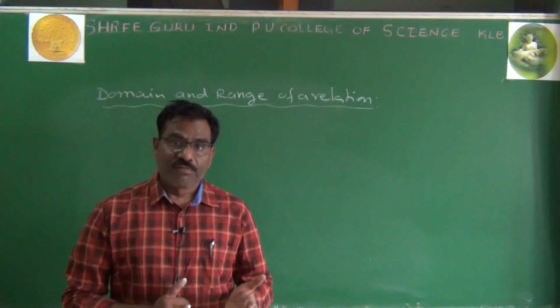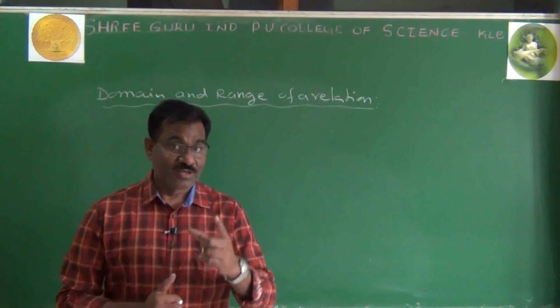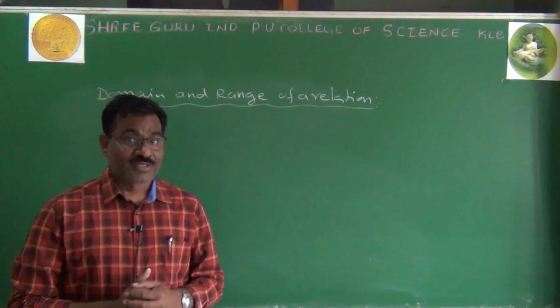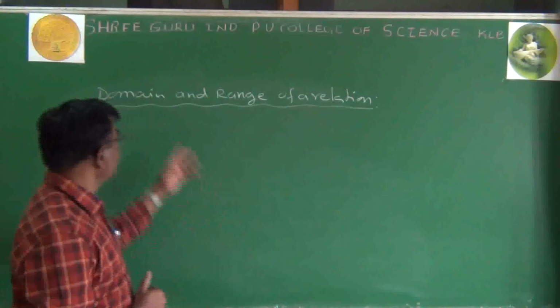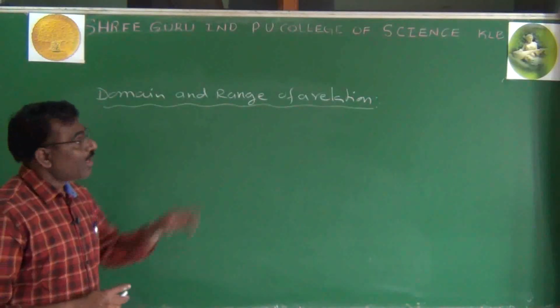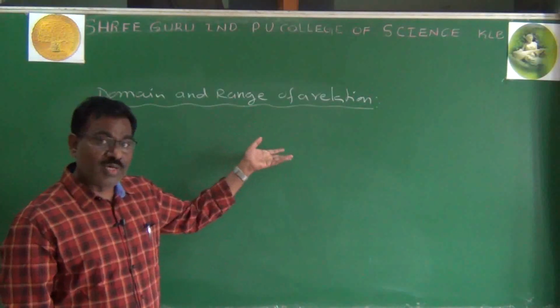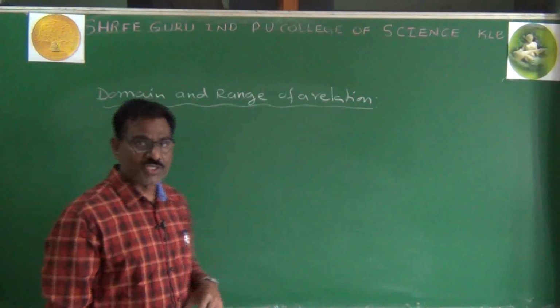The set of first elements of the ordered pairs in R is called the domain, and the set of second elements of the ordered pairs in R is called the range.